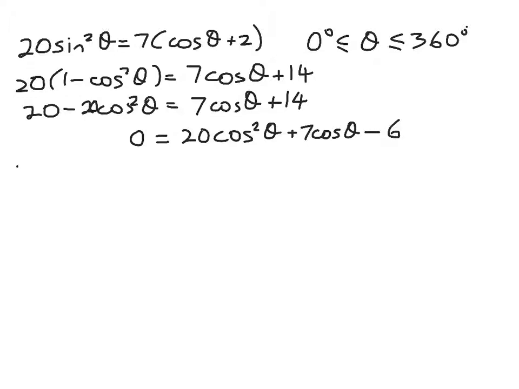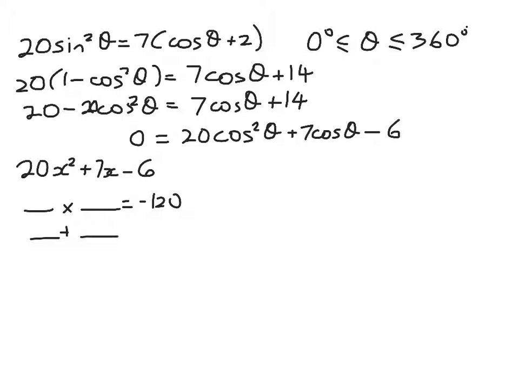So just looking at that, we've got a quadratic in this form. And if we want to factorize that, we can use grouping. So we want 2 numbers that times to give me negative 120 and add to give me 7. So those 2 numbers would be 15 and negative 8.